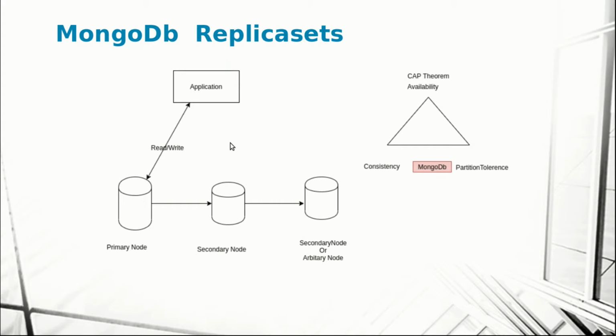So in that case, you can achieve availability up to a certain extent, but primarily when you deploy MongoDB in basic setup, it gives you consistency and partition tolerance. So at the expense of certain consistency, you can read from secondary node to achieve availability, right? So that happens in very rare use cases, but primarily you can achieve consistency and partition tolerance in MongoDB in accordance with CAP theorem.